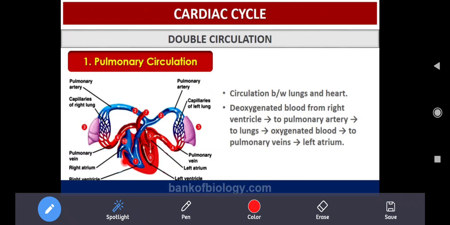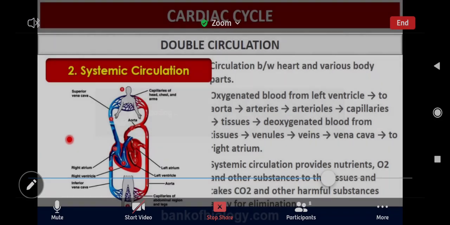At the same time, the oxygenated blood from the left ventricle is pushed out to all the parts of the tissue. This is the second circulation.